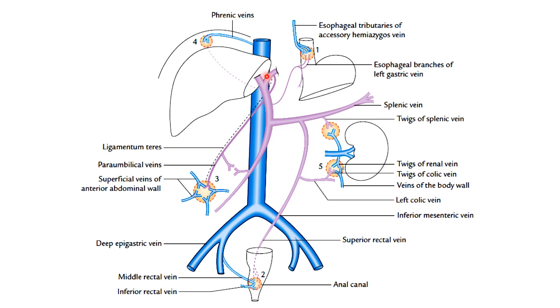Obstruction to the portal vein or its branches leads to an increase in the portal venous pressure called portal hypertension, which leads to enlargement of these anastomotic venous channels, which results in the formation of esophageal varices, hemorrhoids, caput medusae, and enlargement of the spleen called splenomegaly. The common cause of portal hypertension is cirrhosis of the liver.